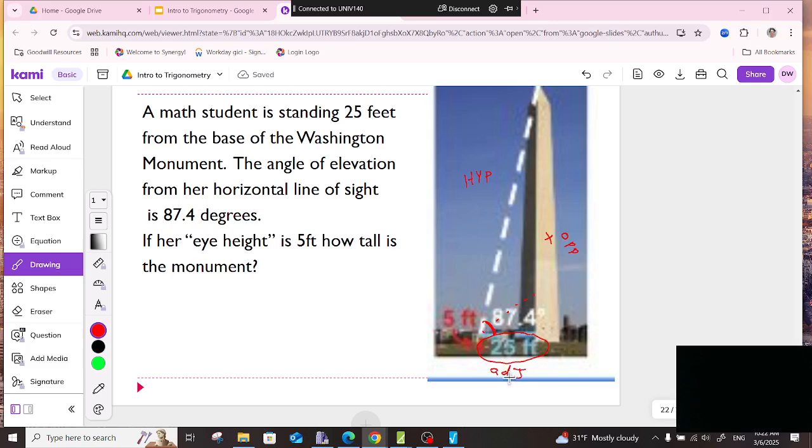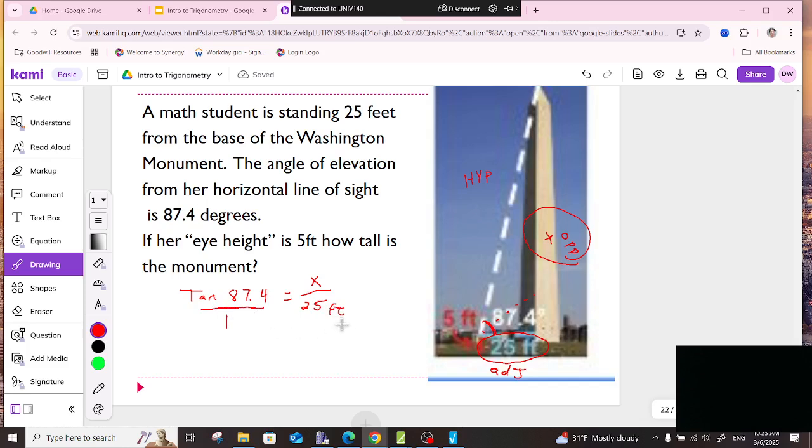So if I have adjacent, I'm looking for opposite. Which trig function am I going to use? What's opposite and adjacent? Tangent. So tangent of 87.4 degrees has to equal opposite, which is x, over 25 feet.